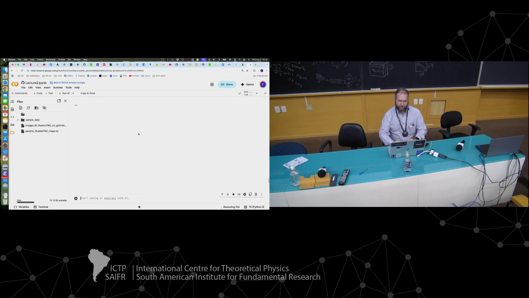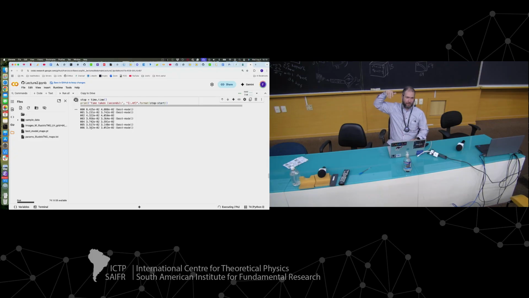So let's do it. This is going to run fast, I think, because we are using GPUs. You see, this is epoch 0, this is the training loss, this is the validation loss. You can see that it's going down. Remember, initially these things learn quickly, but at some point it's probably going to plateau.